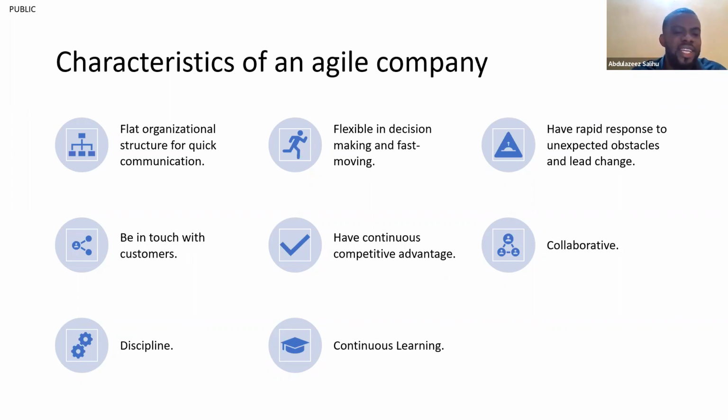An Agile company is an organization that is flat in structure for quick communication. An Agile company is flexible in decision making and fast moving. We want to move fast. An Agile company has a rapid response to unexpected obstacles and lead changes.